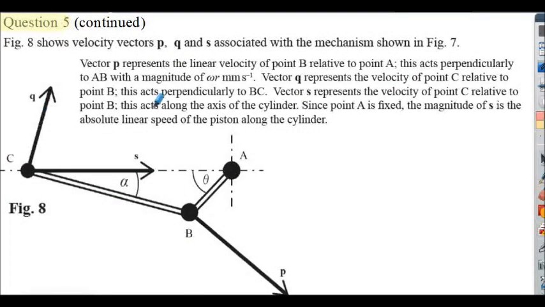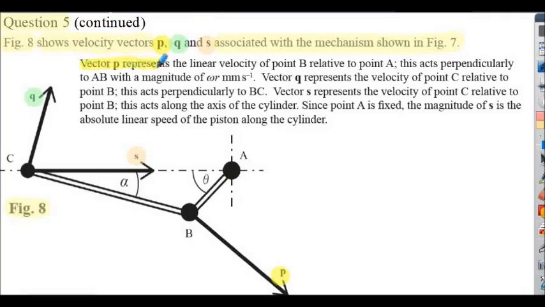Question 5, solution continued here. Figure 8, shown here, shows velocity vectors P here, Q here, and S, shown here, that are associated with the mechanism.